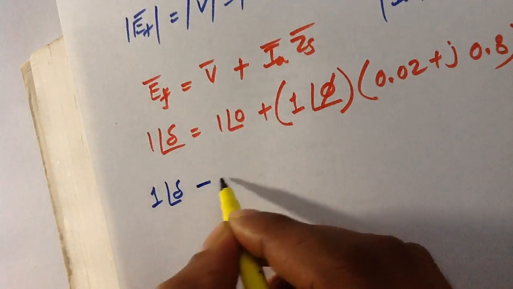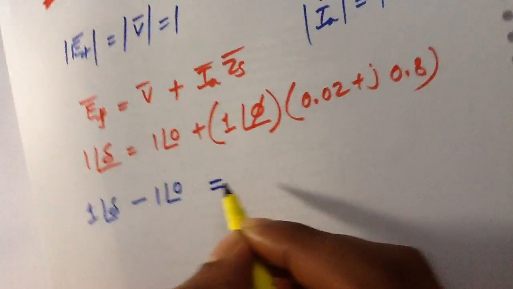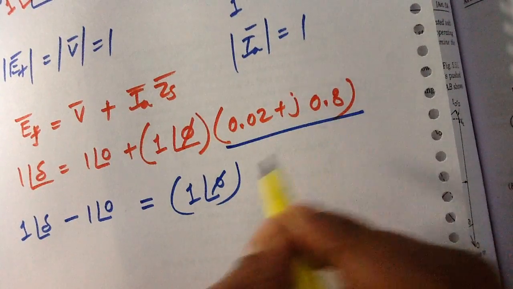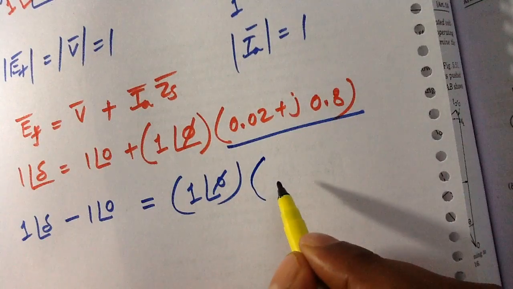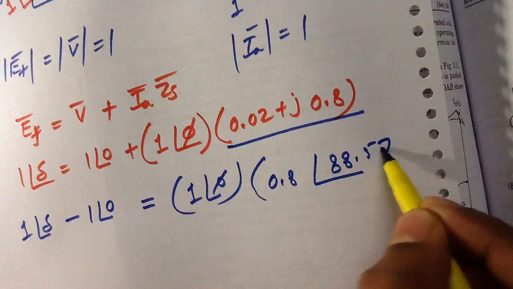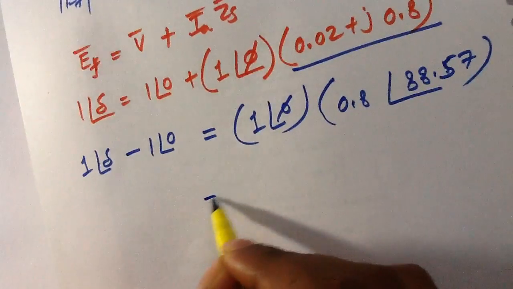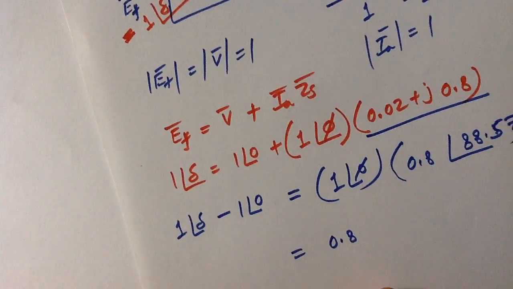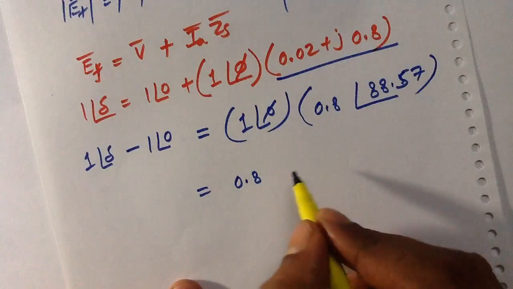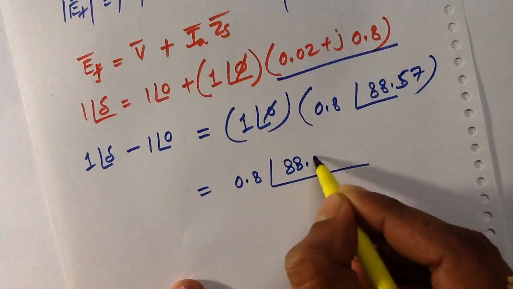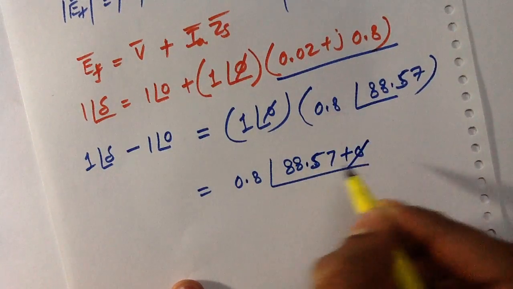1 angle delta minus 1 angle 0 equals 1 angle phi. If you convert the rectangular form into the polar form, you will get 0.8 angle 88.57 plus 5.